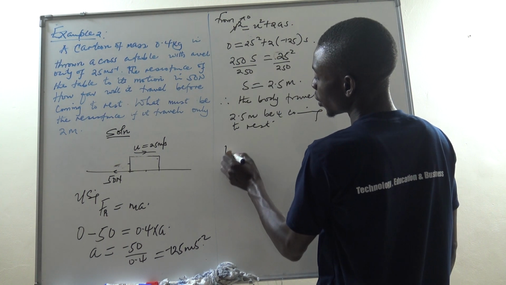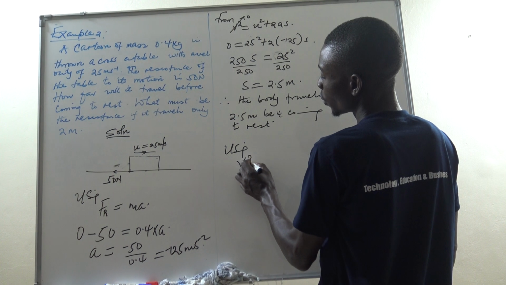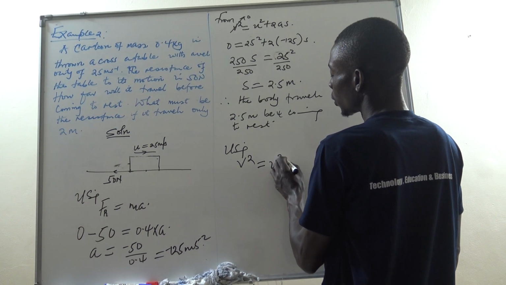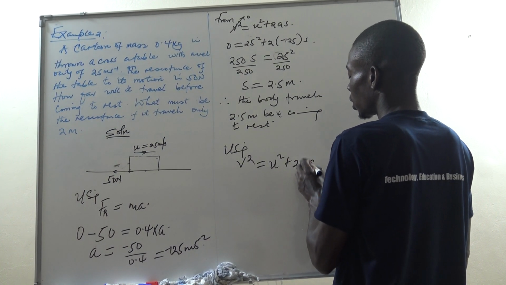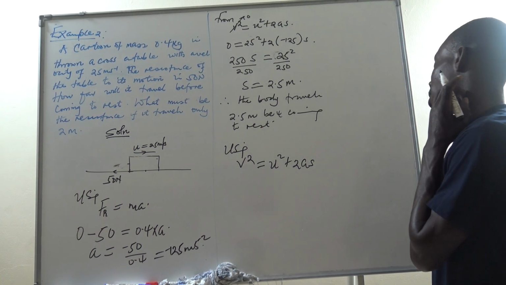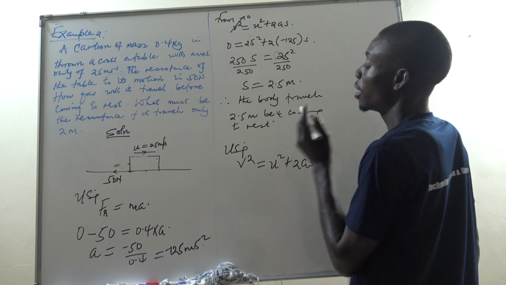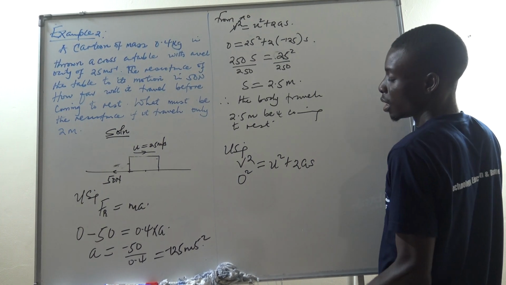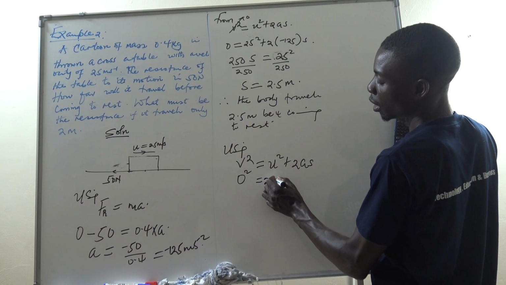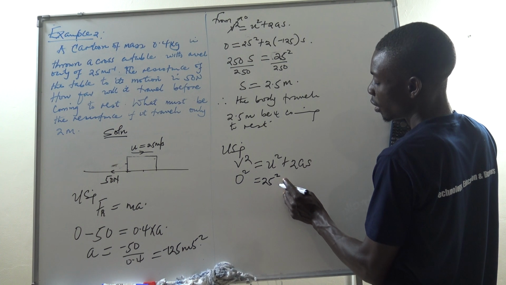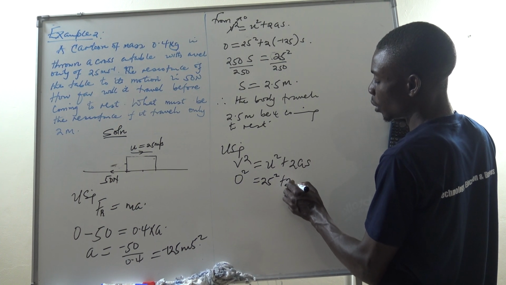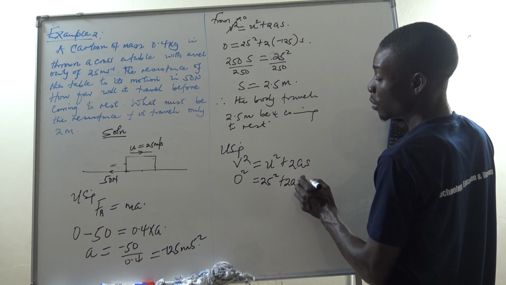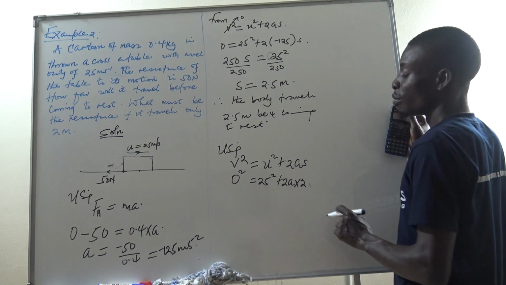So again, we can still use v squared equal to u squared plus 2as. If it travels 2 meters but at the end will come to rest, that means the final velocity is still 0, equal to the initial velocity 25 squared, plus 2a times 2 meters.